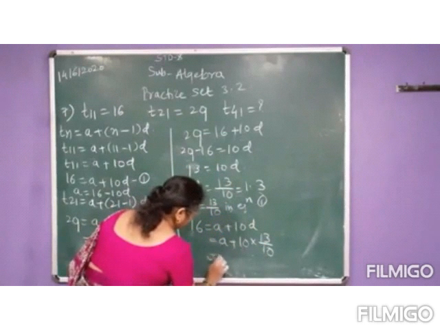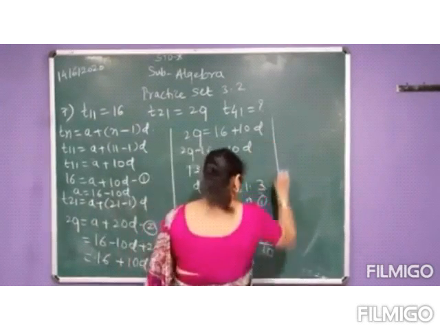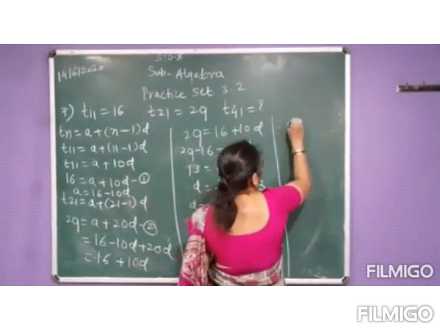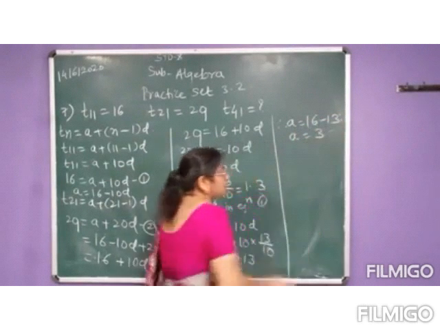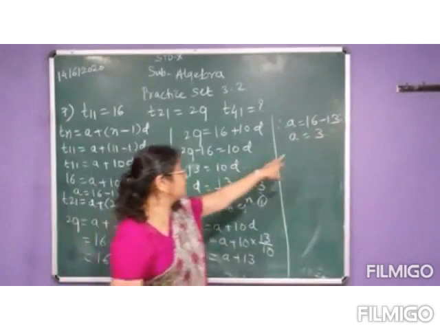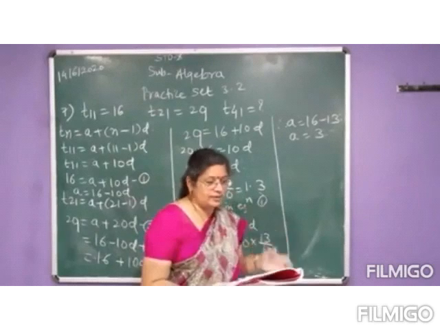So what will you get? A plus 13. Therefore, A is equal to 16 minus 13. A is equal to 3. So A you got as 3, and D you got as 13 upon 10 or 1.3.